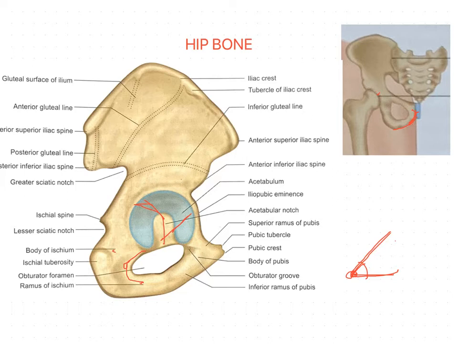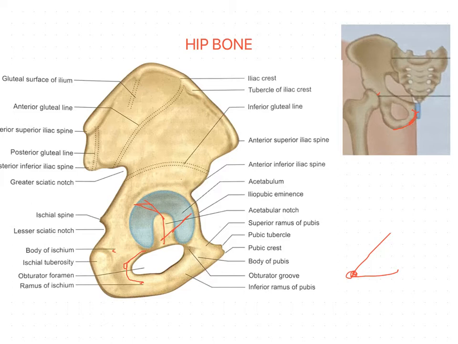Next, the body of the ischium has three borders: the anterior border, posterior border and lateral border. The anterior border forms the posterior margin of the obturator foramen.